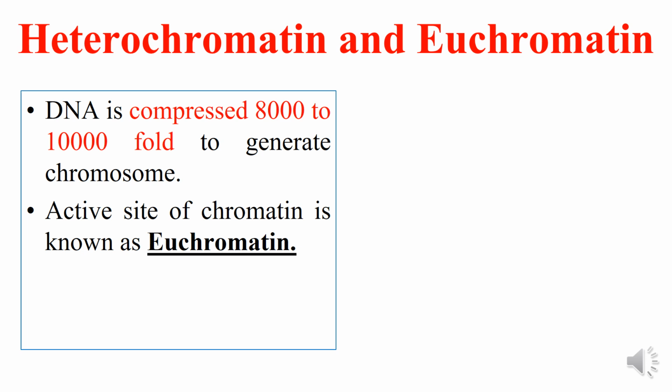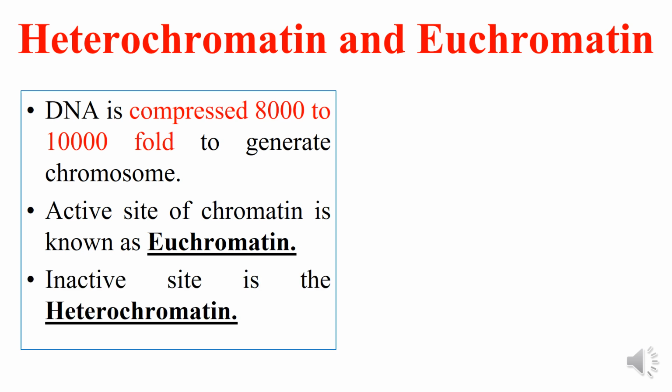It is less compact, and on the other hand the inactive site is known as the heterochromatin, and this heterochromatin is highly compact, and it's transcriptionally inactive. It has some barriers in its structure that prevent the transcription, and in general it is densely packed, more compact, and has an intact nucleosome structure, and it is resistant to the enzyme DNase 1.